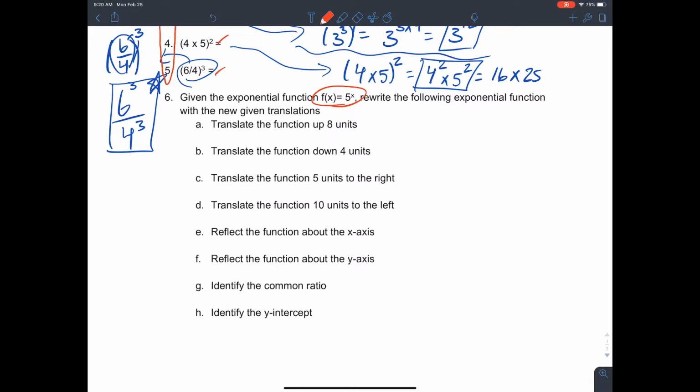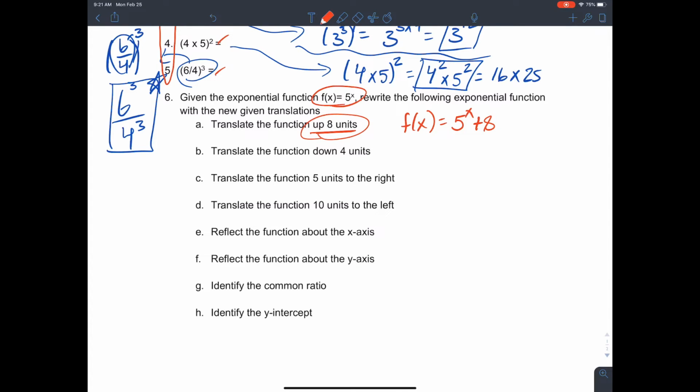We're always going to have that, and we're just going to be modifying it. Translate the function up 8 units. F of x equals 5 to the x, because that's our base function, and we're going up 8 units, so we add 8. Adding 8 will shift it up. You can check this on Desmos just to confirm.